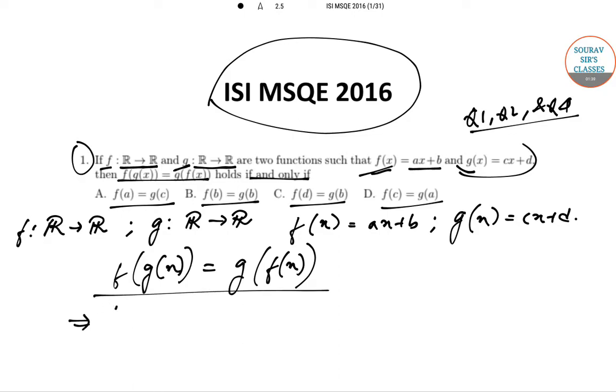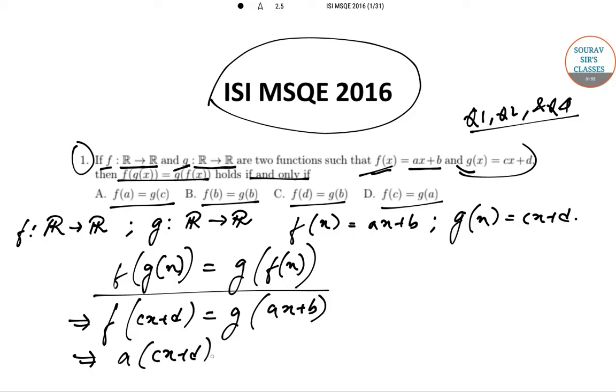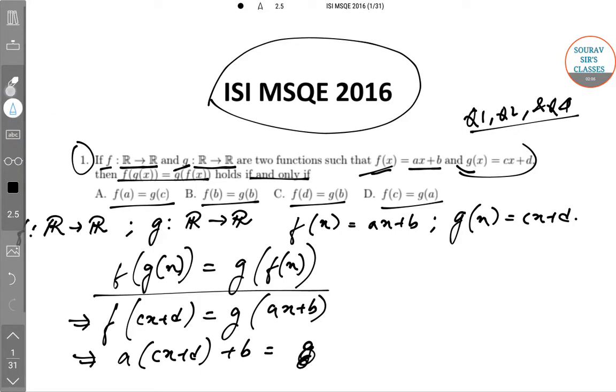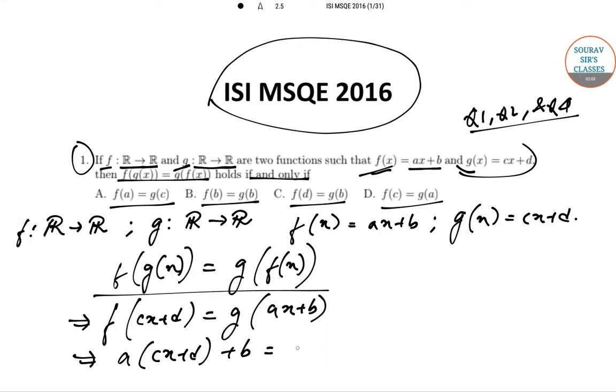Now g of x is equal to cx plus d and f of x is equal to ax plus b. This implies that f of cx plus d is equal to a into cx plus d plus b, and that is equal to g of ax plus b, which is equal to c into ax plus b plus d.